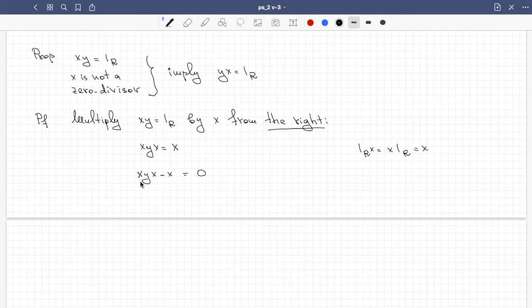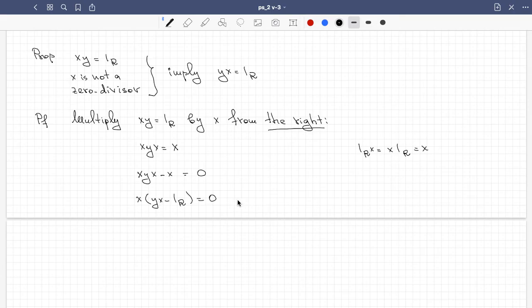And here we have x from right and left. So we can factor out any one as we like. x, yx minus 1 identity is 0. Now we use the fact that x is not a zero divisor. So x multiplied by anything is going to be 0 only if the factor was 0.